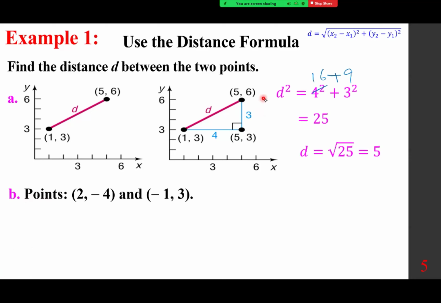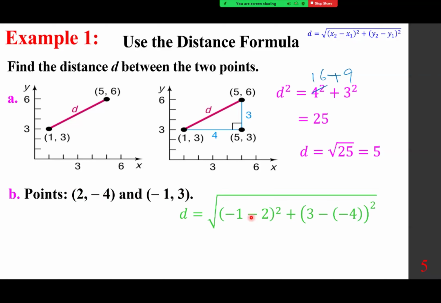So given it on a rectangular coordinate system makes it easy, but in general, if 2 points are given, you follow the formula and you write the distance formula. So x sub 2 minus x sub 1, so minus 1 minus 2, quantity squared, plus y sub 2 minus y sub 1, 3 minus negative 4, quantity squared.